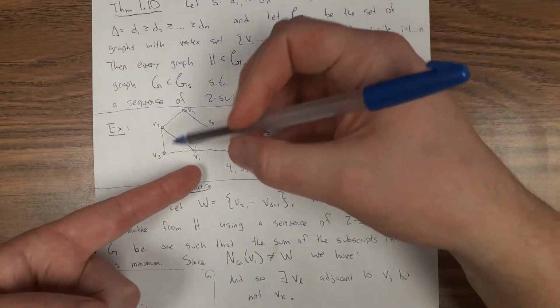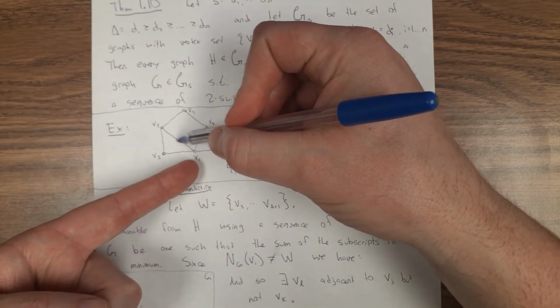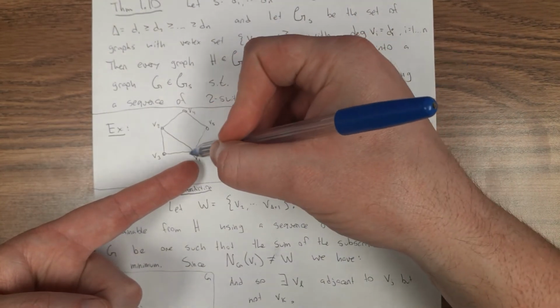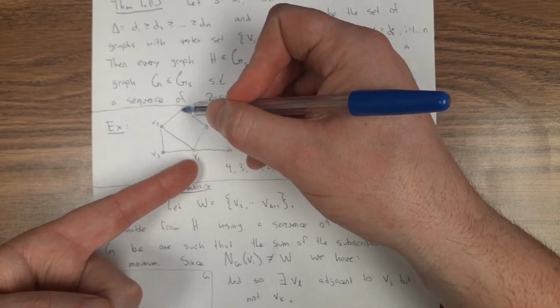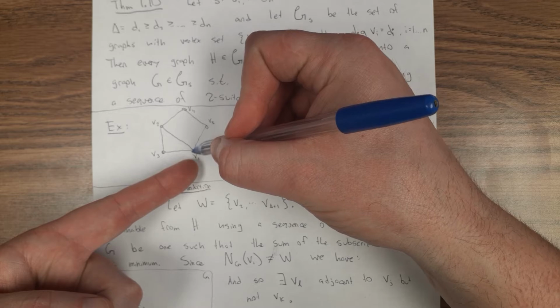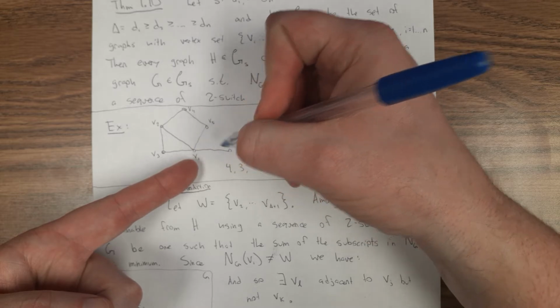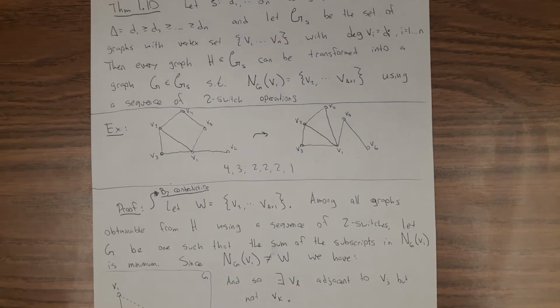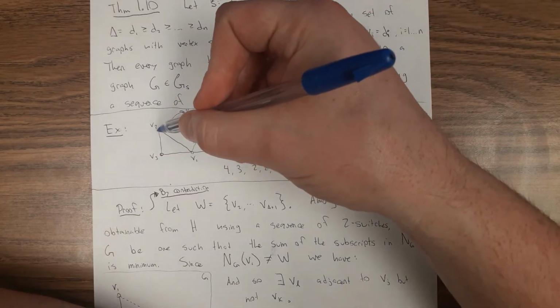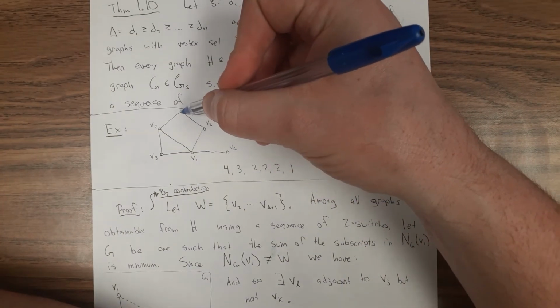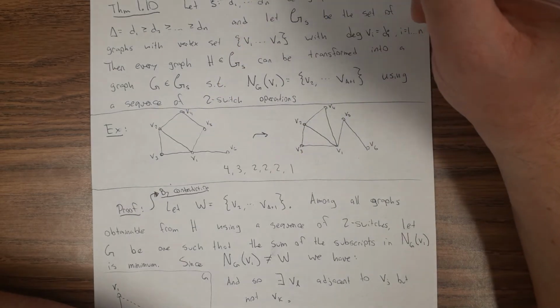And that's not really the case. V1 is adjacent to V2, V3, okay, good so far, but not V4. And then it's adjacent to V5 and V6. So the neighbors of V1 are not all together in a consecutive block. It goes V2, V3, and then it skips V4 and goes right to V5.